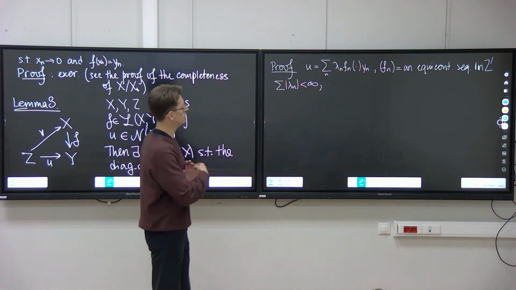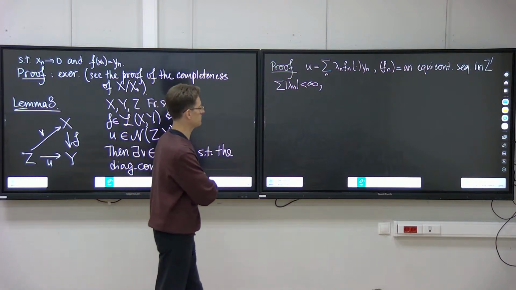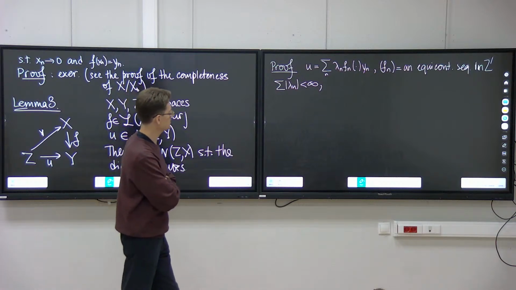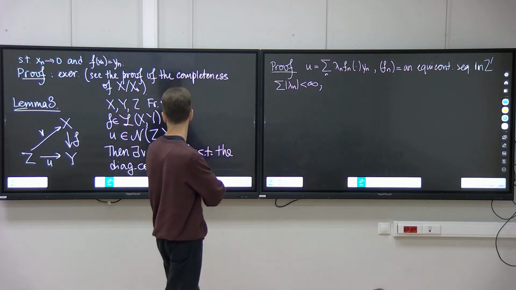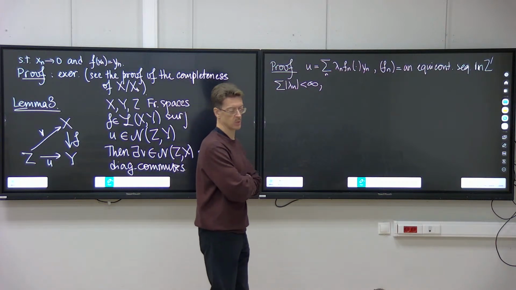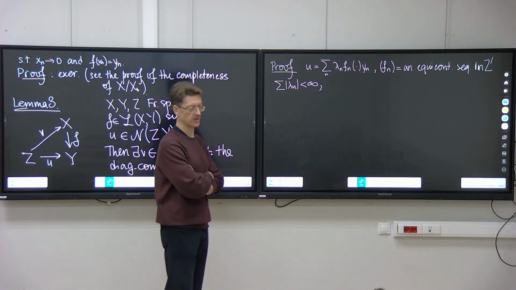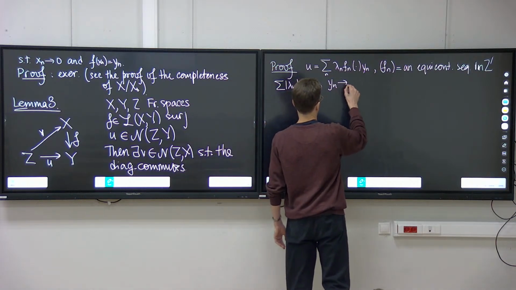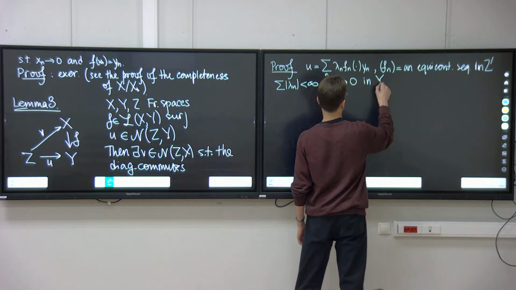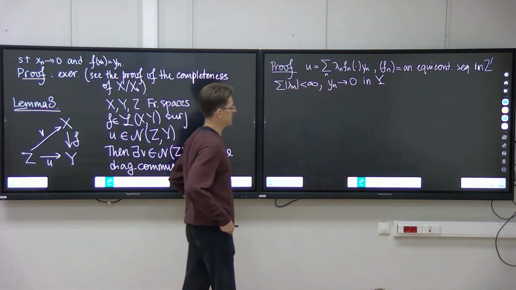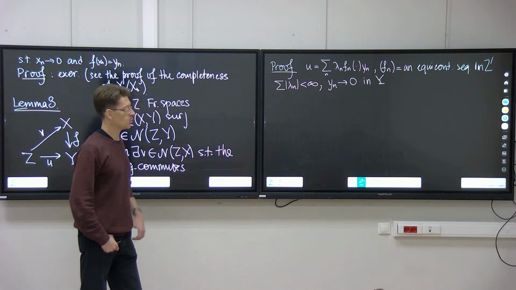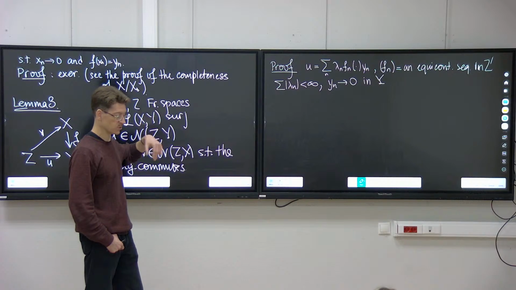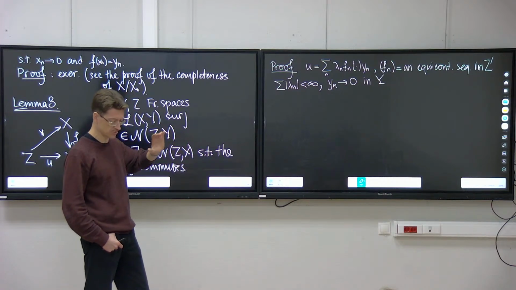And y_n, if we look at one of the equivalent definitions of a nuclear operator, y_n is contained in some Banach disk in Y. But by changing y_n slightly, we may also assume that y_n converges to 0 in Y. So we multiply y_n by a sequence of numbers which slowly converges to 0.